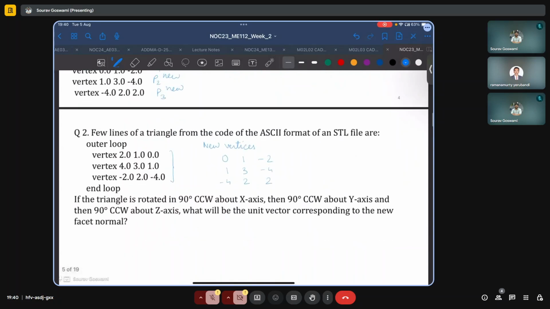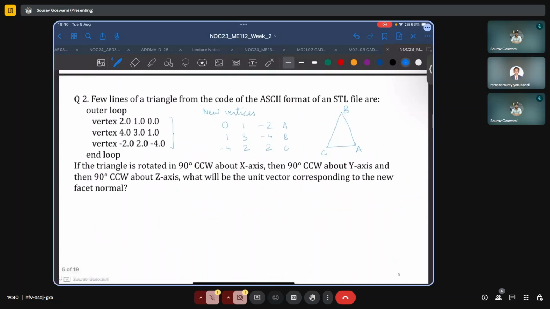So we now have a triangle, and we are asked to find the new unit vector corresponding to this, which is similar to the first question that we solved today. So we have the 3 points. All we need to do is find, just a second.